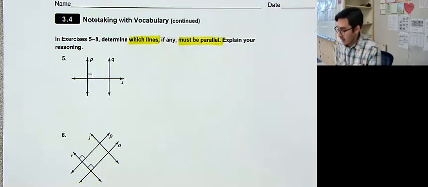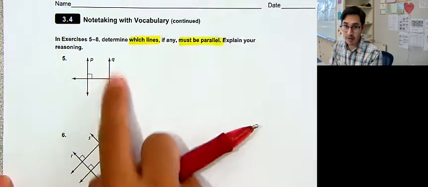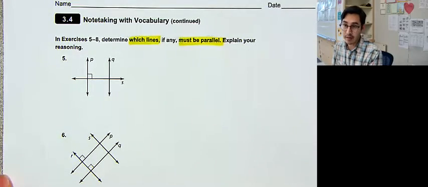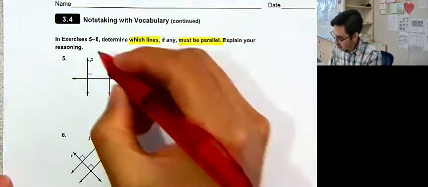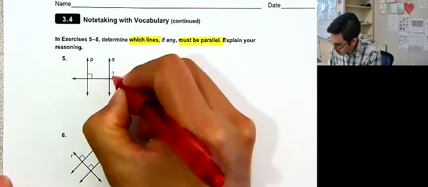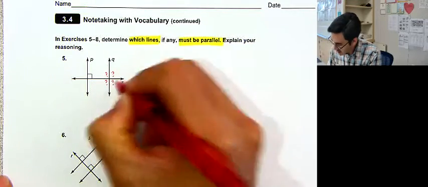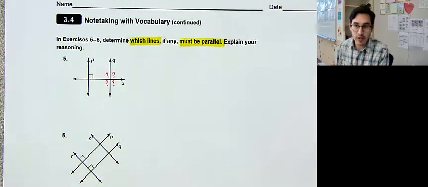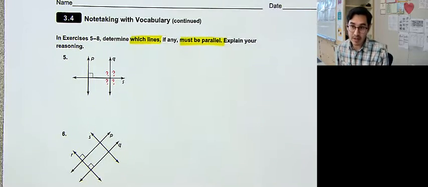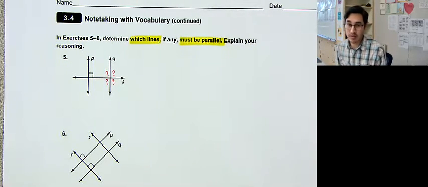Okay. Now, to the casual observer, you might say, oh, well, P and Q look like they're parallel, right? They both look vertical. But the truth is, we don't exactly know any of these angles, right? They kind of look to the casual observer like they might be 90-degree angles, but they might be 89 degrees or 91 degrees.